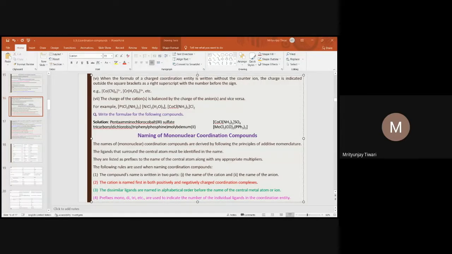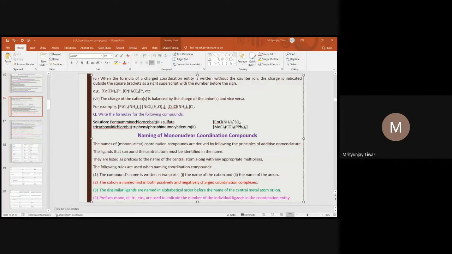So we write it in parentheses, close the parenthesis, and the five represents five ammine ligands, meaning five molecules of ammonia. Then this complex is over, so we close the square bracket.